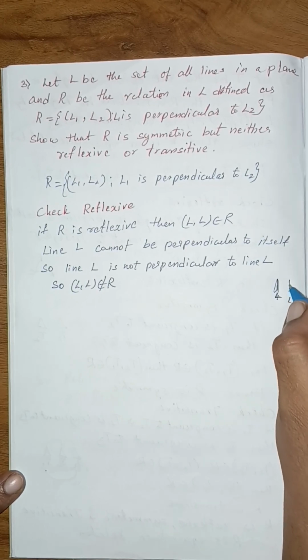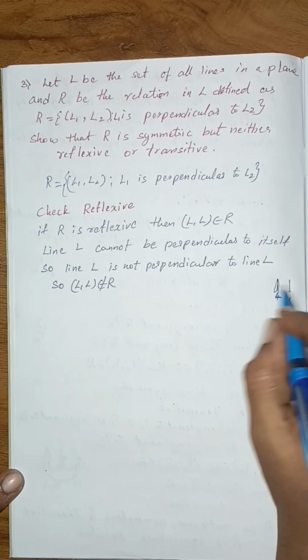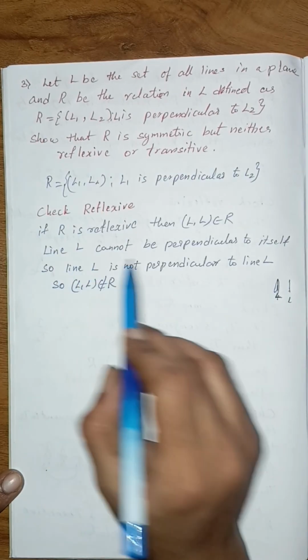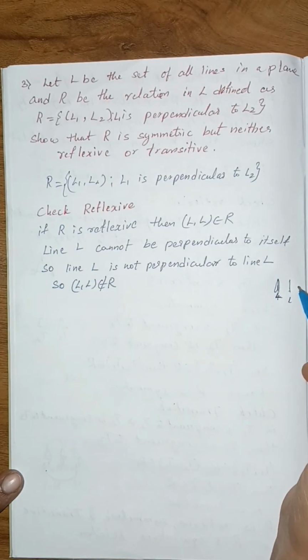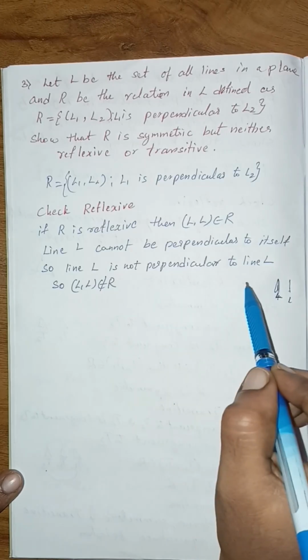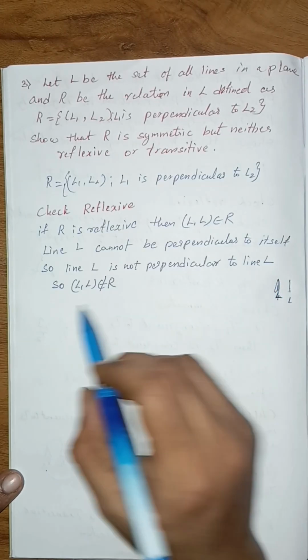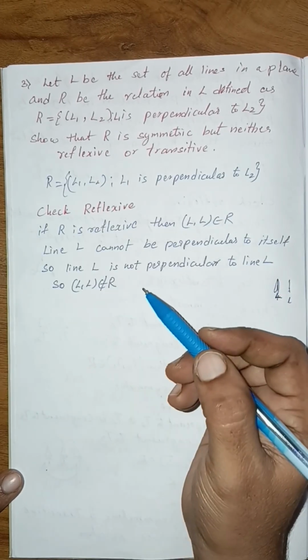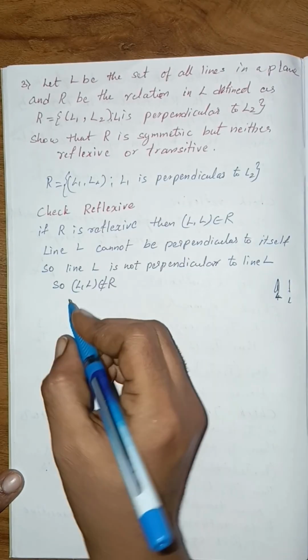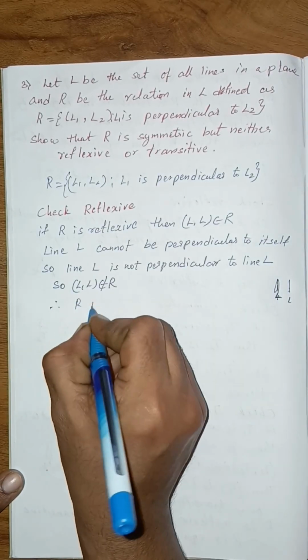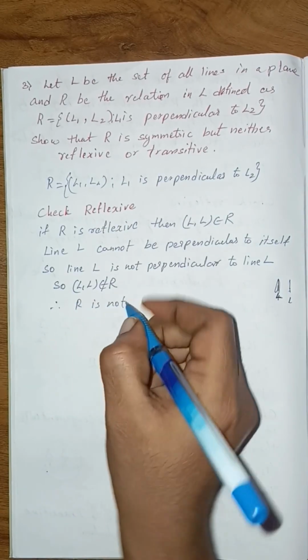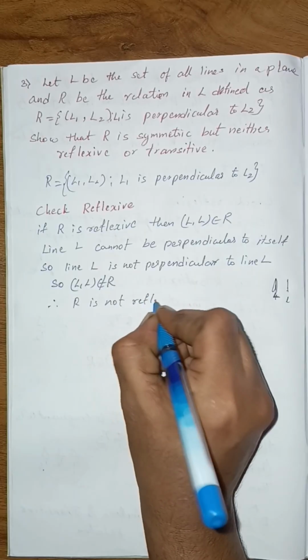It is not possible. Always the line is parallel to itself. It is not perpendicular. So line L cannot be perpendicular to itself. So L comma L will not belong to R because it's not perpendicular. Therefore R is not reflexive.